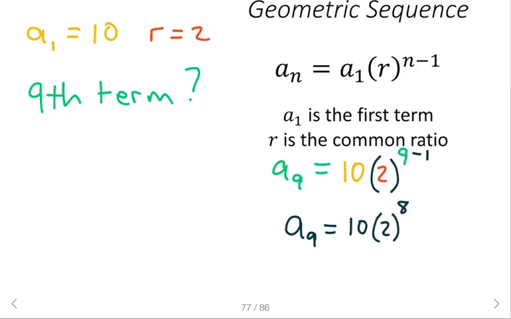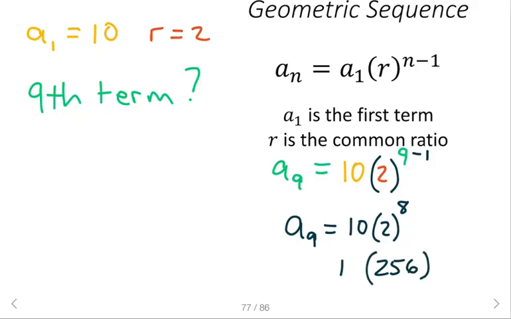2 to the 8th power, that's 2 times 2, that's 4, times 2 is 8, times 2 is 16, times 2 is 32, times 2 is 64, times 2 is 128, times 2 is 256.